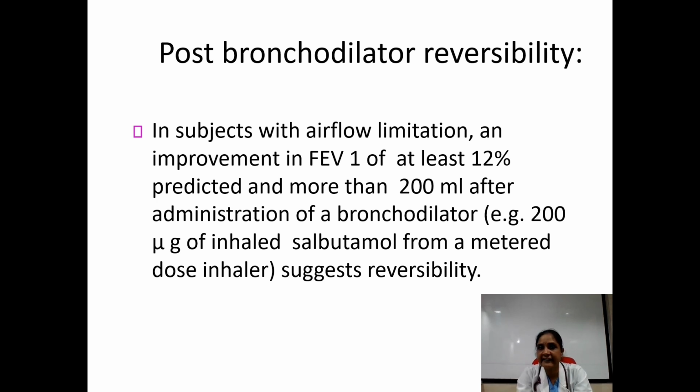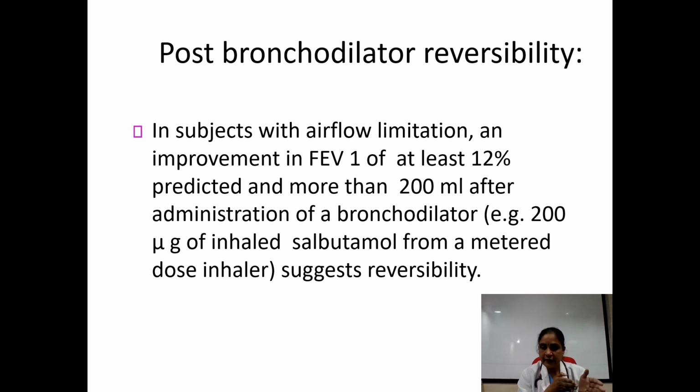If you find that the FEV1 has improved from the baseline value by 12%, or there is an absolute improvement of around 200 ml after the bronchodilator, that is 200 micrograms of inhaled salbutamol, then you can label it as reversibility.